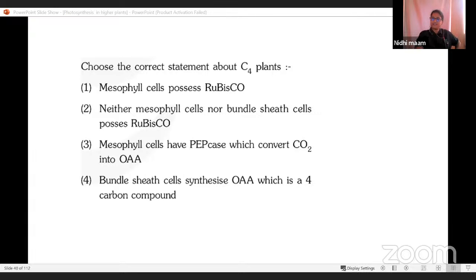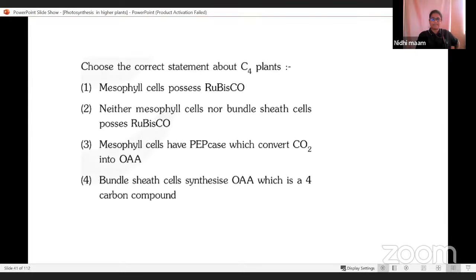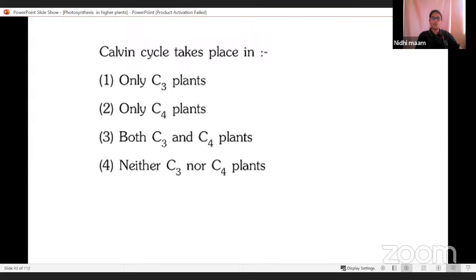Who is going to answer this? The quick response is given by Shashank, then Madan, Jyoti, Chaitanya. Sharat also answered it. The right answer is option C: mesophyll cells have PEPC which converts carbon dioxide into OAA.